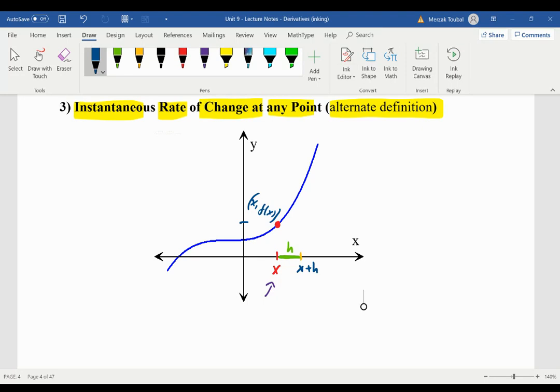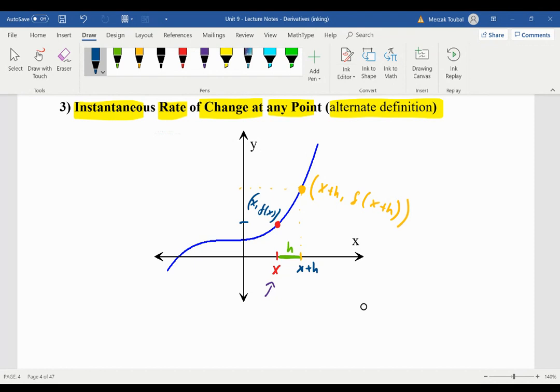And then the other point, this one here, it would be x plus h as its x coordinate, and a y coordinate would be f of x plus h. Now, if we find the slope in between these 2 points, you can draw a secant line in between these 2 points, but I'm just going to keep it like this. x plus h, f of x plus h.